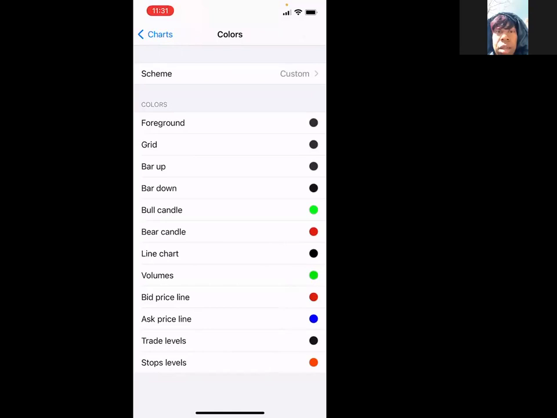You go to scheme and put black on white, hit done. And go back in and then do it. If it won't change and you have an iPhone, your iPhone might be in dark mode.